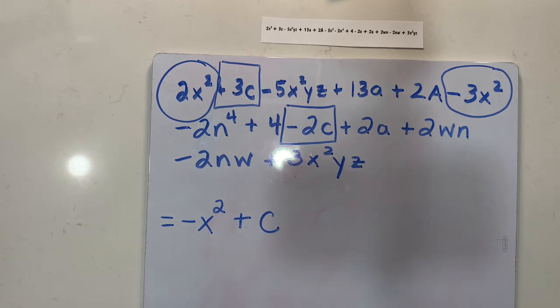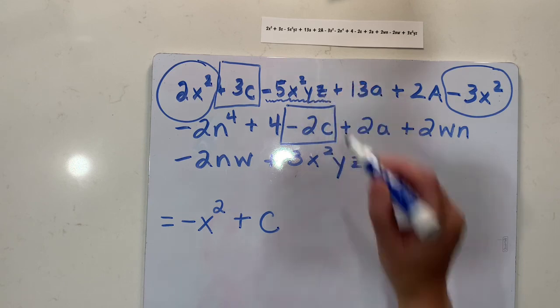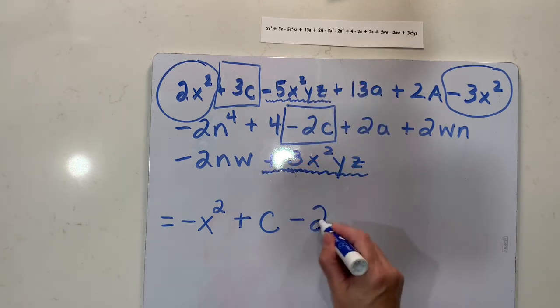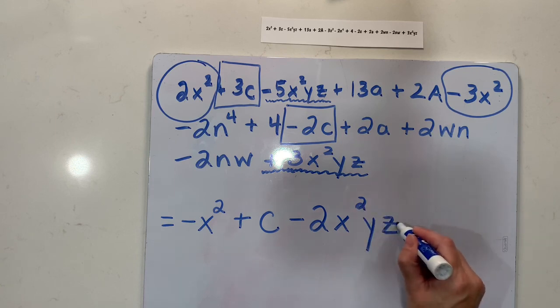Negative 5x squared yz plus 3x squared yz gives negative 2x squared yz. 13a plus 2a gives 15a.